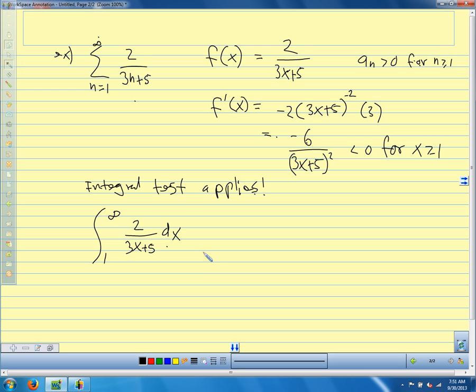All right, so Robert says we define a dummy variable. So we rewrite this as a limit. This is the limit, and I usually use b, the integral from 1 to b of 2 over 3x plus 5 dx. And we're going to evaluate this integral. So what does this integral evaluate to?